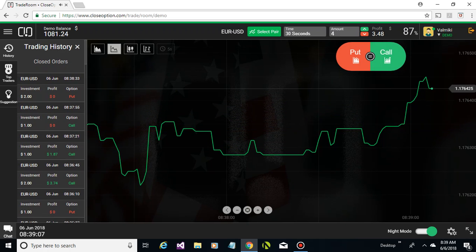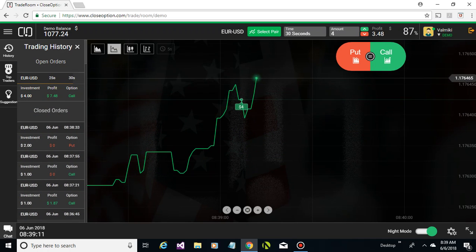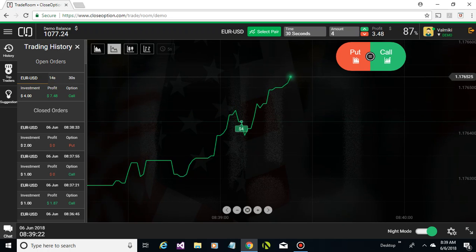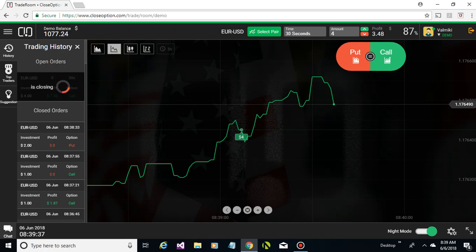Okay, it is 8:39. So if we do win this trade, we're going to end our session. If we don't, then we're going to go ahead and continue till we get our net win. So from the looks of it, and having just about 10 seconds to go, we are up substantially. So it looks like this might be a win, and this might be our last trade, and it is.